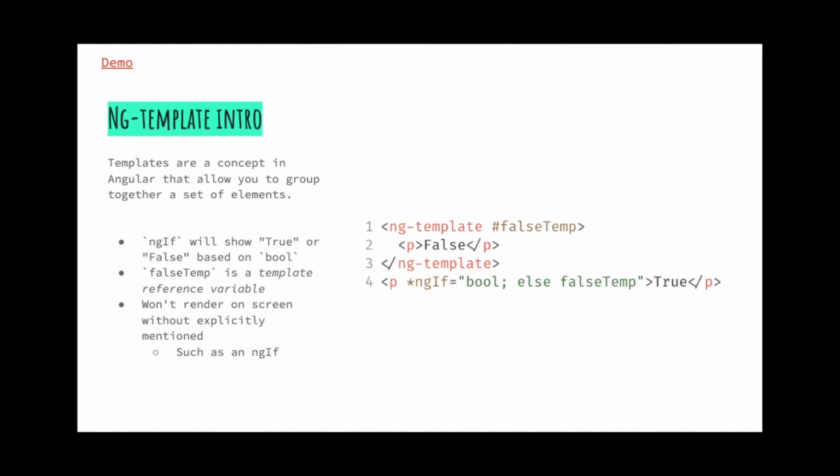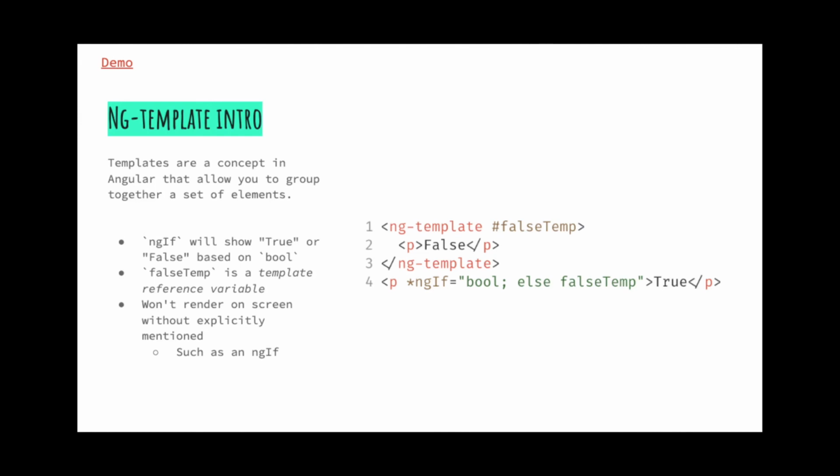So Angular has this concept of something called a template. You build a template using an ng-template tag, like here, lines 1 through 3. And by default, without line 4 on the screen, it will not render. So nothing from lines 1 to 3 will render unless something explicitly tells a template to render. In this case, the ng-if will render this so long as bool here is false within the logic.